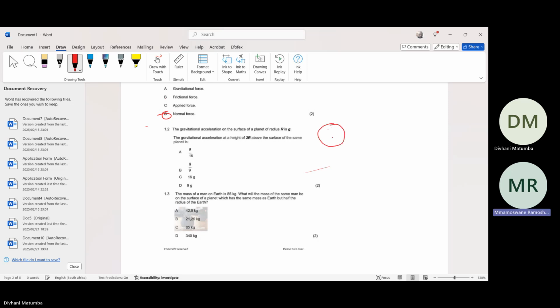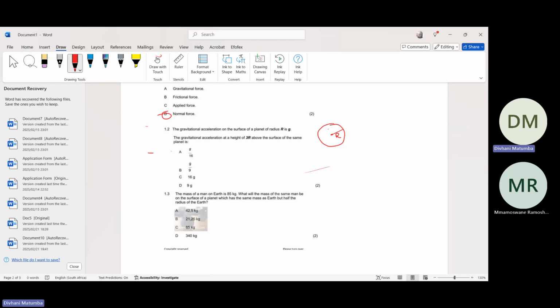Will it not be? I think it's g over 60. G over 16. Okay, number 8.